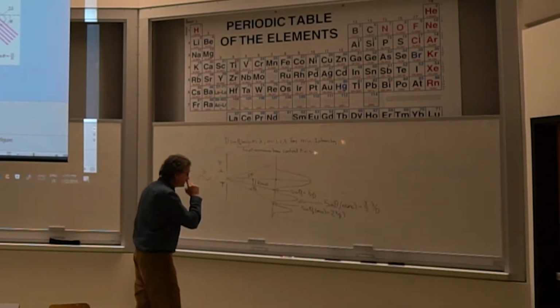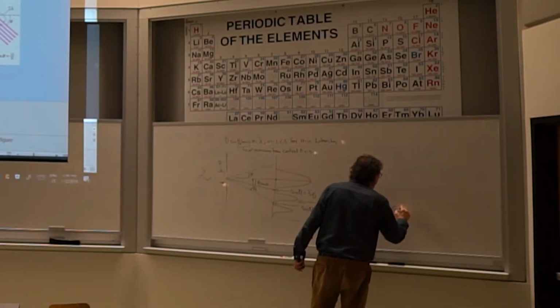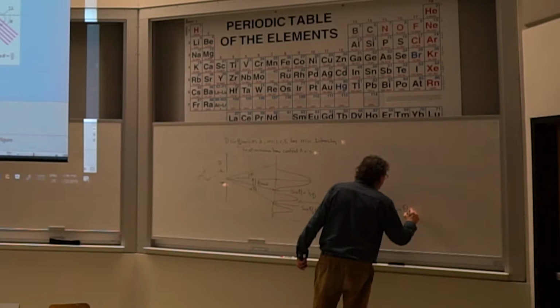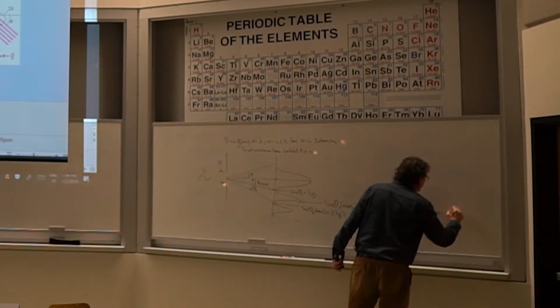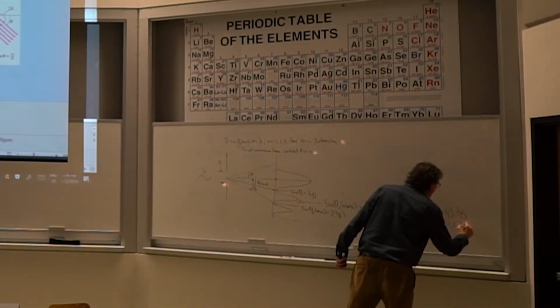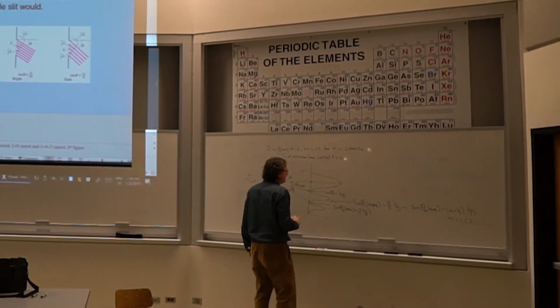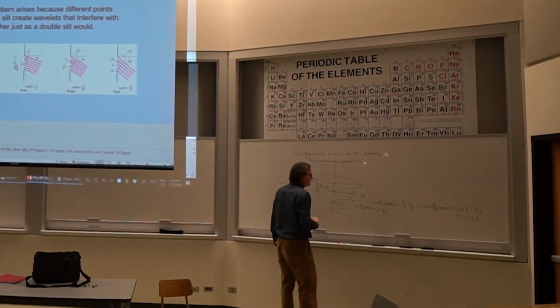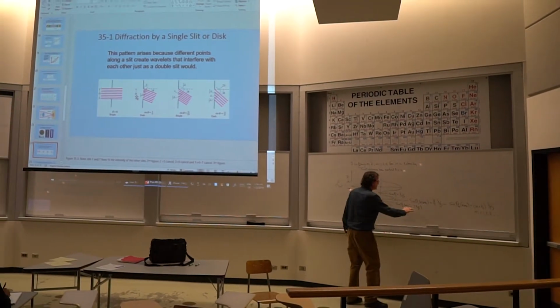Another way of saying this is that the maxima occur at sine theta m maximum equal to m plus 1/2 times lambda over d, and m is equal to 1, 2, 3, etc., all the way up. And for the minimum, there will be a similar equation.